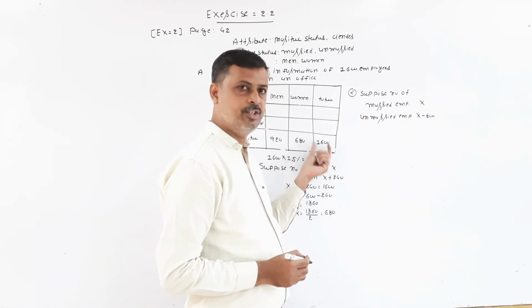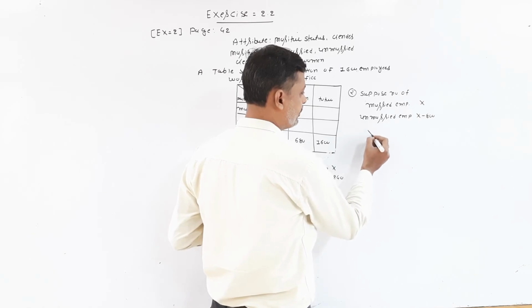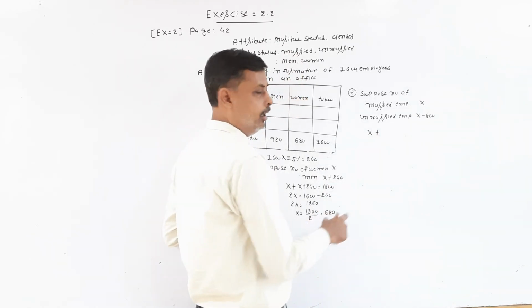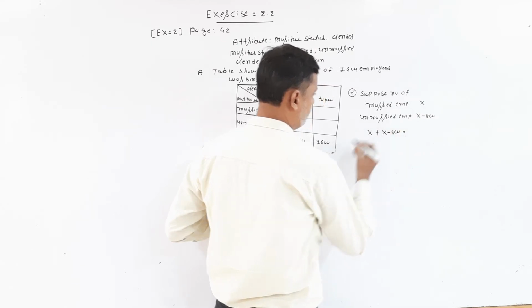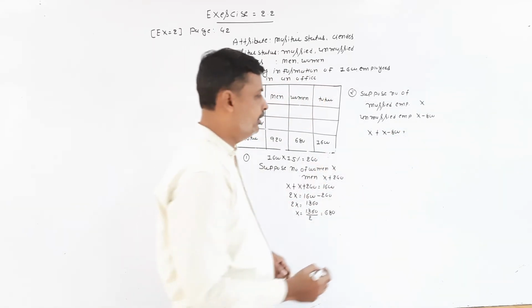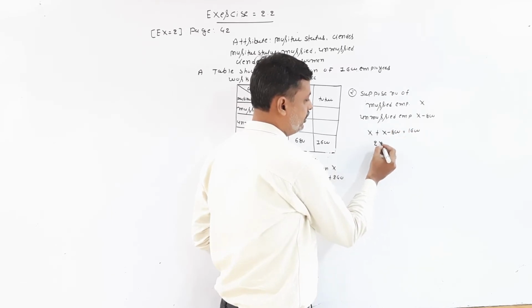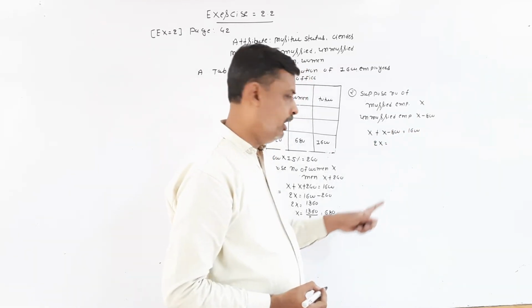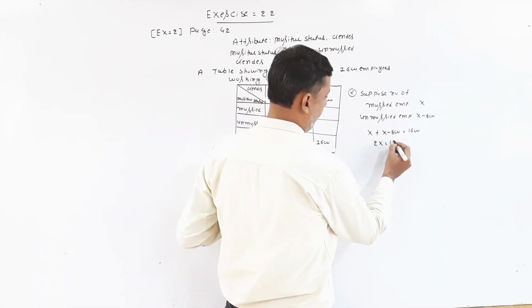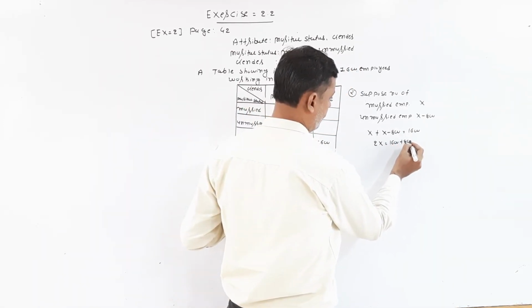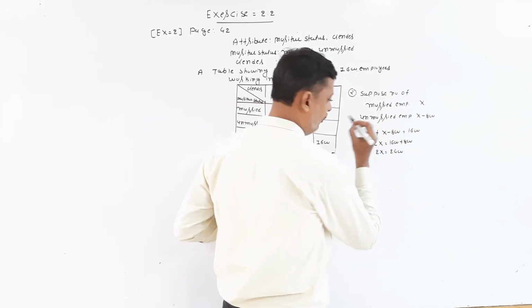We have total 1600 employees. Married employees x, unmarried employees x minus 800. Total 1600. x plus x is 2x. If I take minus 800, it becomes plus. 1600 plus 800 is 2400.